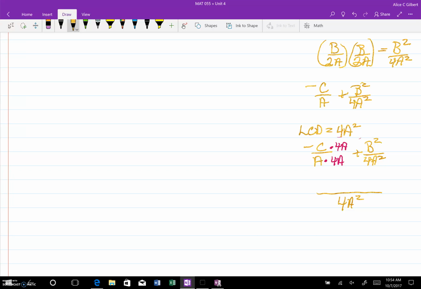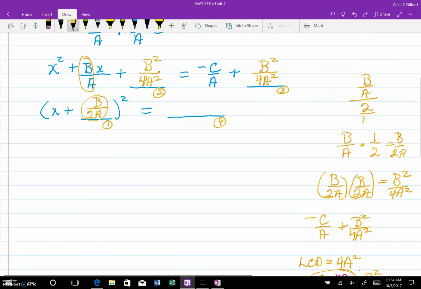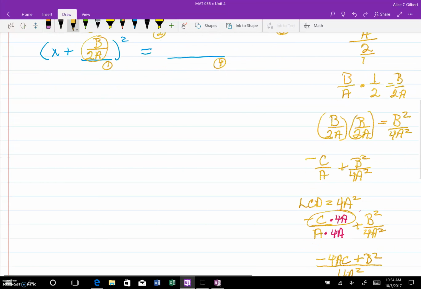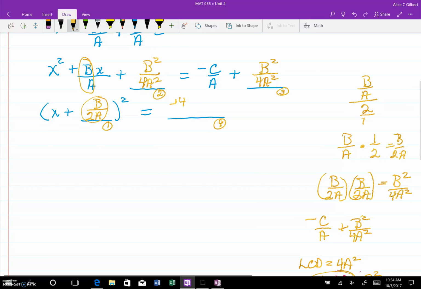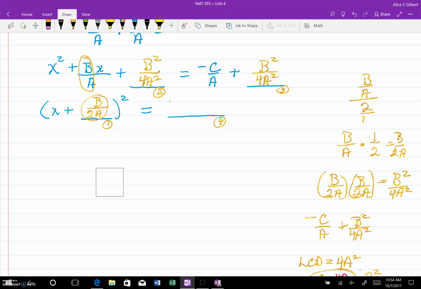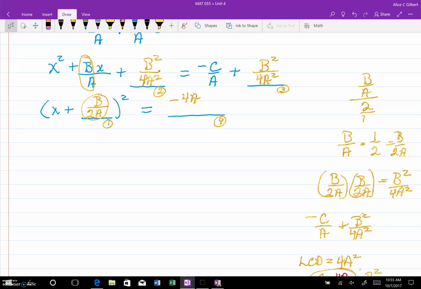In my numerator now, I have negative 4ac when I just multiply these up, plus b squared. So that's what goes here: negative 4ac plus b squared over 4a squared.